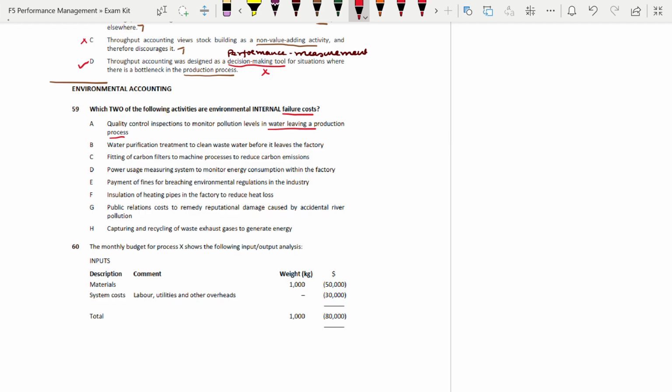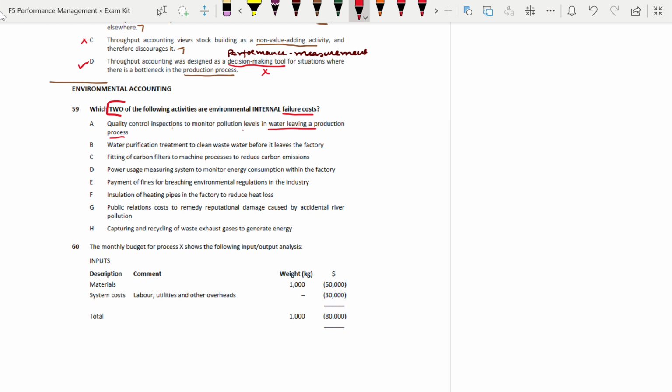See, when you are talking about which two of the following, when it is failure cost, quality control inspections to monitor pollution levels in water leaving, it is not a failure.